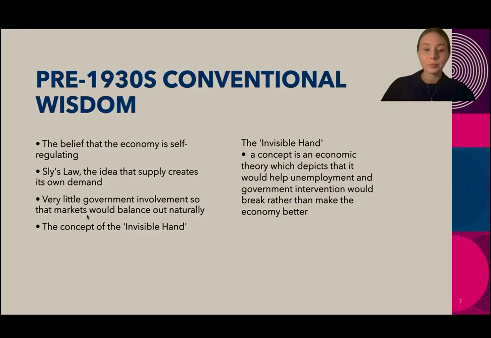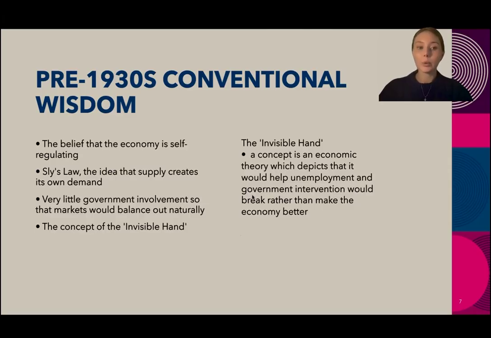If unemployment rose, they believed that wages would fall until businesses could afford to hire people again and bring the economy back to balance. The philosophy behind this was basically laissez-faire, which means let it be.